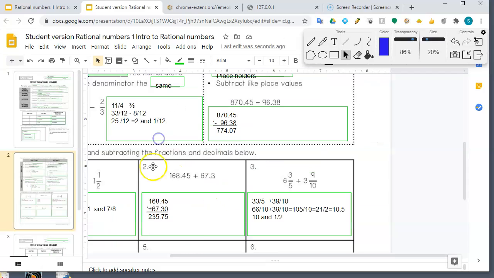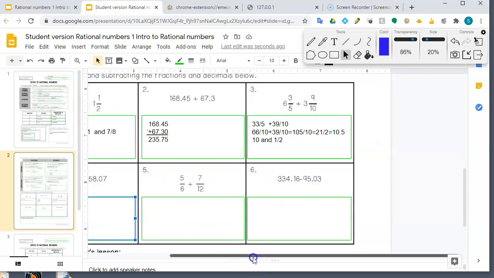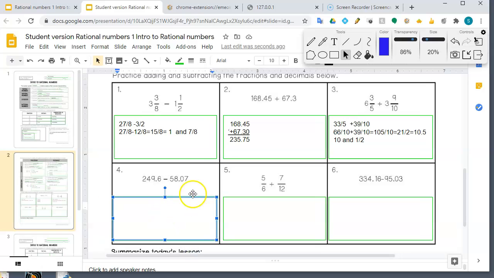Alright, let's, screen jumped on me. Let's get in here. So now we're going to do subtraction. So we've got 249.6 minus 58.07. So we need to add a placeholder here so everything lines up. Let's get this underlined. The 60 is going to have to cross out.